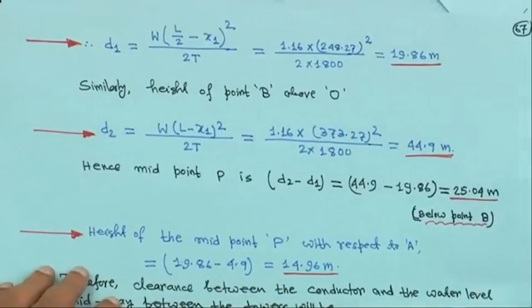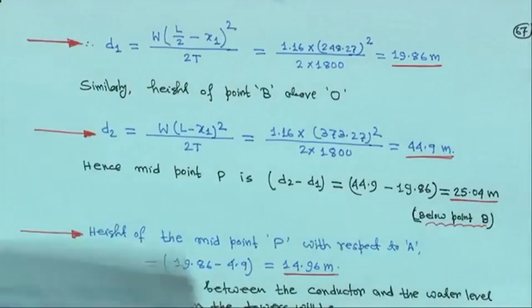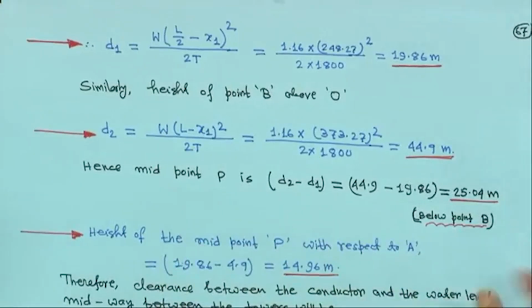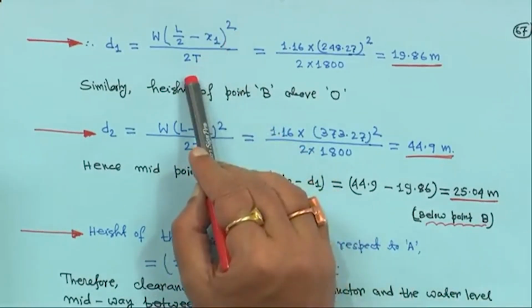That is, D1 is equal to W into L by 2 minus x 1 whole square upon 2T.